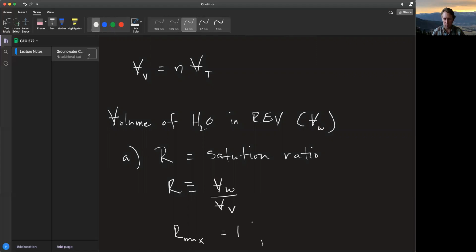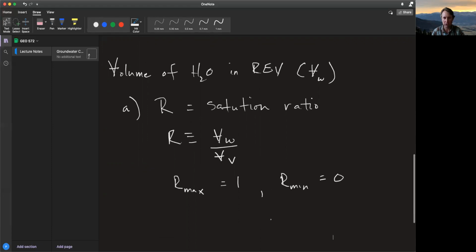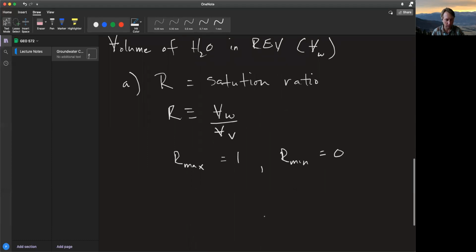All right, what's the minimum saturation ratio? Well, I could have perfectly dry porous media. I'd have a volume of water of 0, in which case my minimum is equal to 0. All right, so the saturation ratio is essentially the fraction of the total volume of the voids that is taken up by water. It's a ratio, and it varies between 1 and 0.